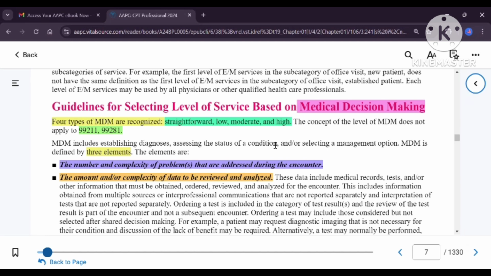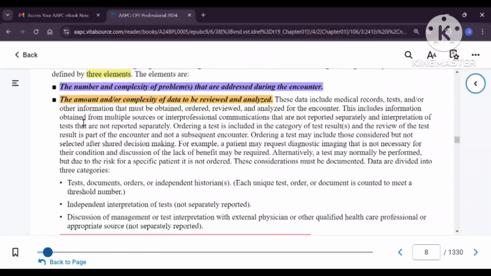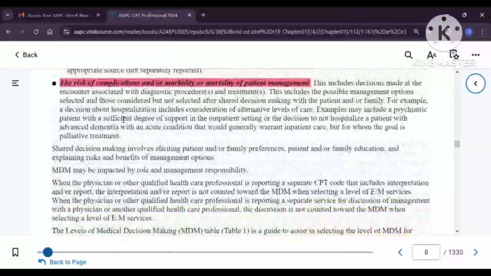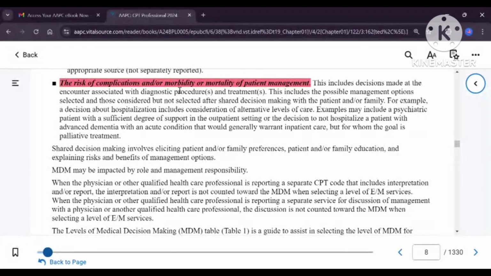So now, what are the things that will help you to find the MDM? How are we going to decide the level of MDM? There are 3 elements. The first element is the number and complexity of problems that are addressed during the encounter. The second one is the amount or complexity of data to be reviewed and analyzed. And the third one is the risk of complications or morbidity or mortality of patient management.